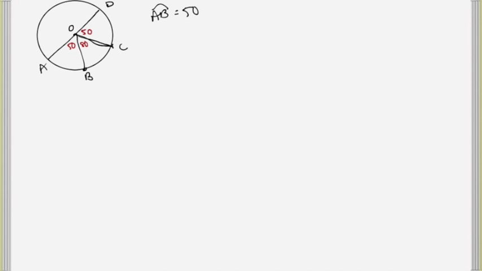The same as the angle across from it. How big is arc AC? 130. That's our arc addition postulate: we could say AB is 50, BC is 80, and we can add them up and get 130.